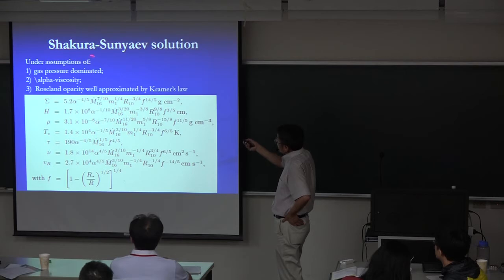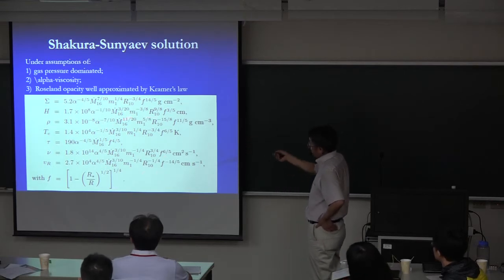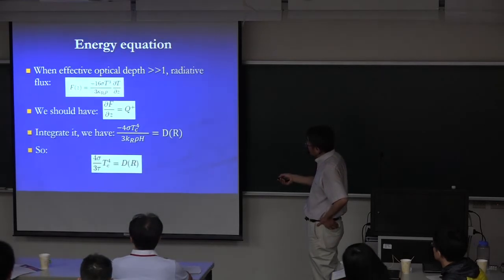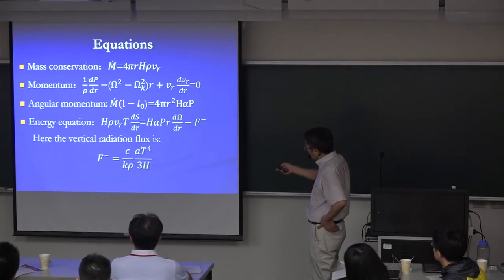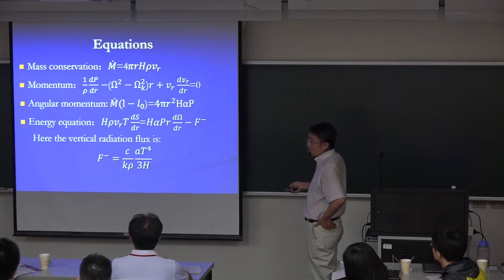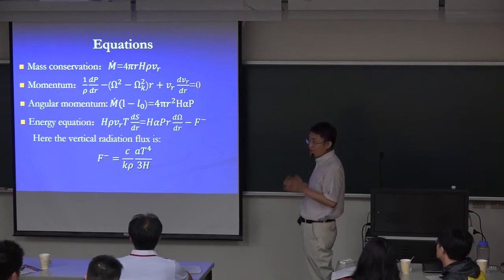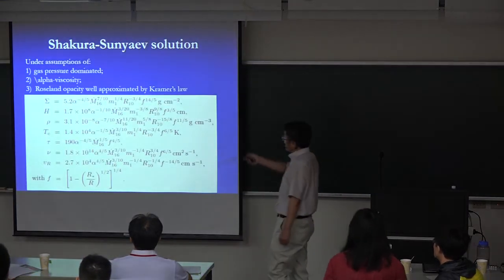We have the famous Shakura-Sunyaev solution, which is this set of equations. These equations resolve the accretion equations I introduced here. However, we must make some assumptions and simplifications before we can get these very simple algebraic solutions.